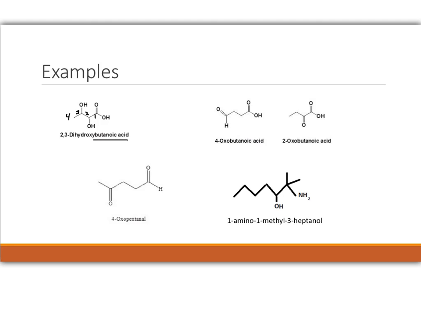If you have a carboxylic acid with an aldehyde or ketone, like this one, again, the main name comes from the carboxylic acid with the -oic ending, so butanoic. But then the aldehyde, or the double bonded O, is an oxo group.